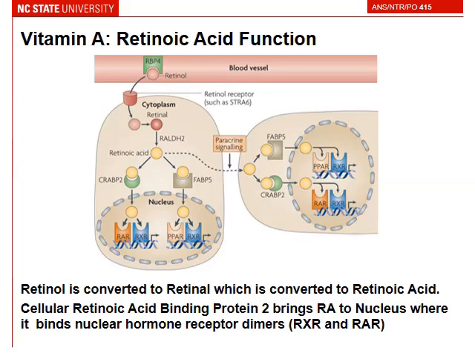So how does it work for everything else? How is its function through retinoic acid working? So here we have all of our other cells, and this happens in every cell. We're utilizing vitamin A, so it's not just the eye.